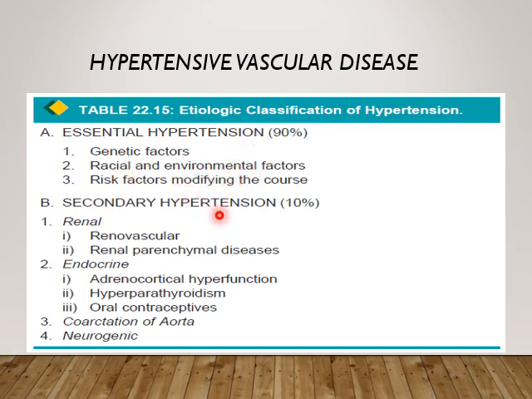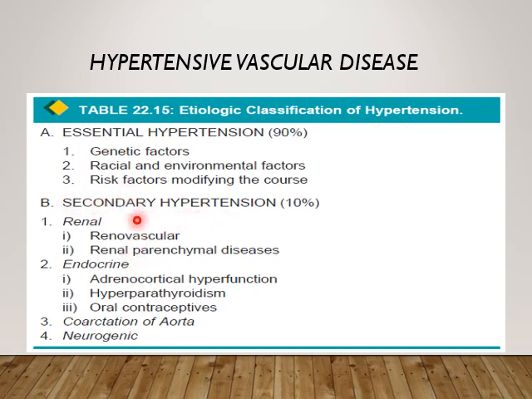And secondary hypertension, which comprises 10% of hypertension. Why is it called secondary? It's because there are underlying pathologies or mechanisms associated with other systems like kidney and endocrine. Various other systems are affected, which causes the elevation in the blood pressure.